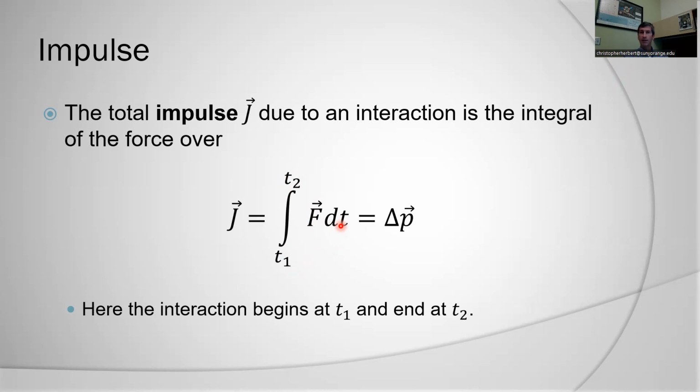And what this tells us is two things. One, the change in momentum, the impulse, is really dependent on the force that's being applied. The more force you put on something, the more you're going to change its motion. So it's completely obvious here that a large force is going to affect a change in momentum much more quickly.